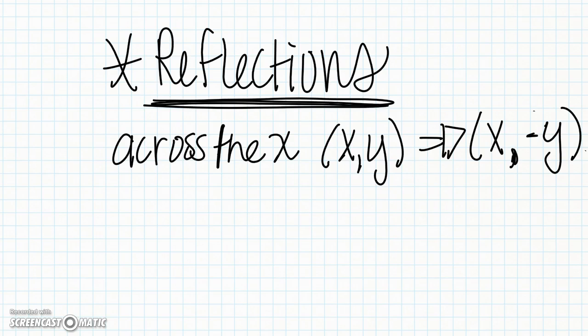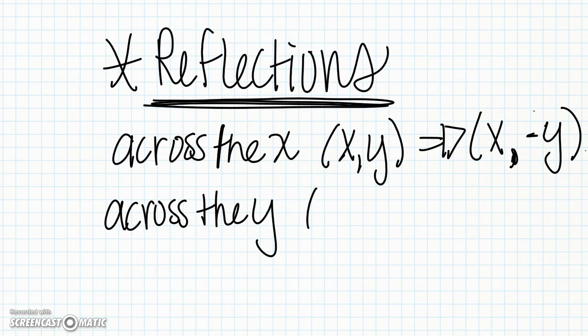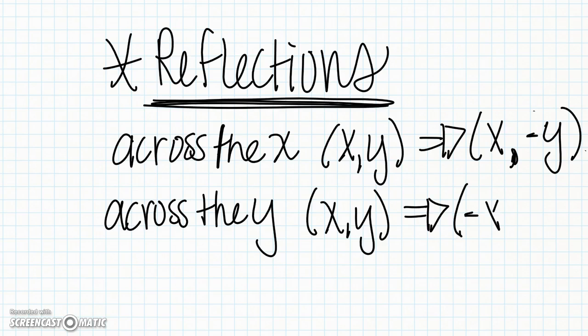Now, if that is the case for across the x, then across the y, you're going to start off with x, comma, y, and it's going to change to negative x, comma, y. You leave your y alone and you negate your x.